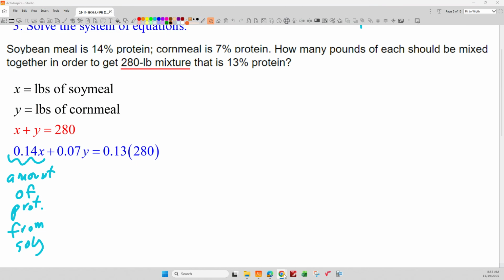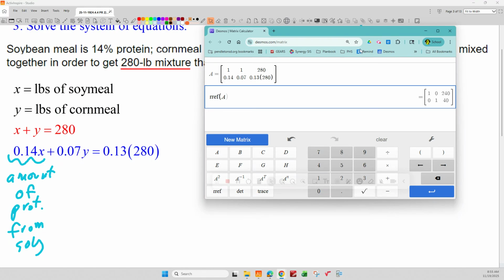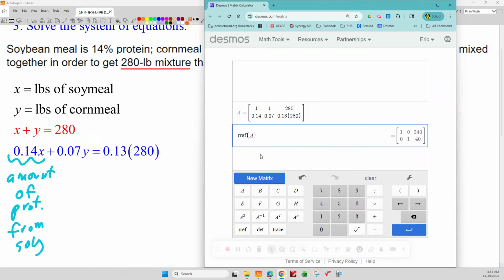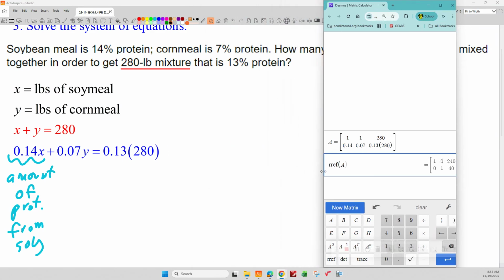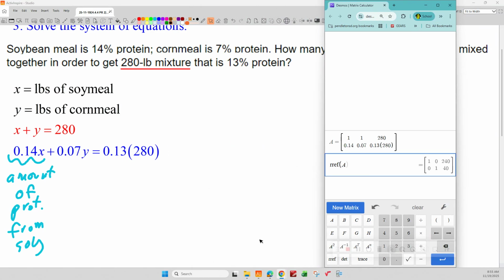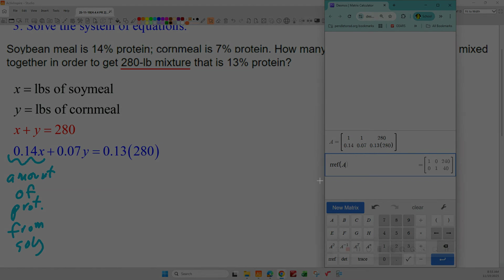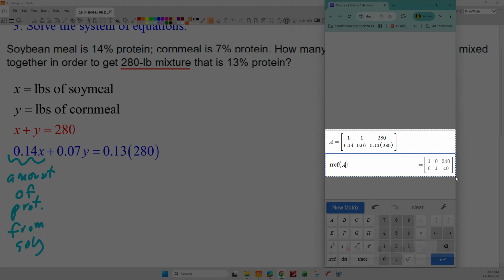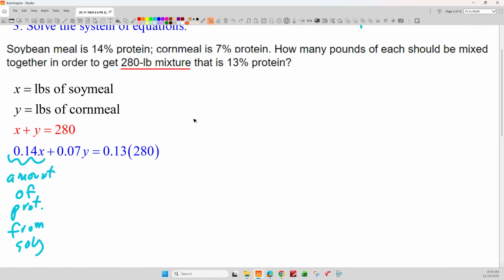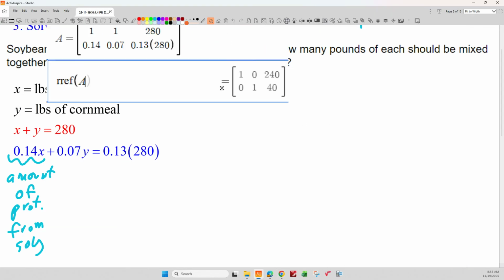Would have looked like this. Right, everybody agree? We're just going to set up matrix A that looks just like our system. And then RREF it, and we got it.